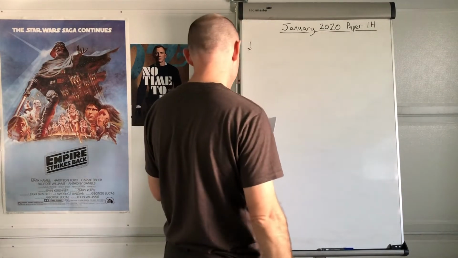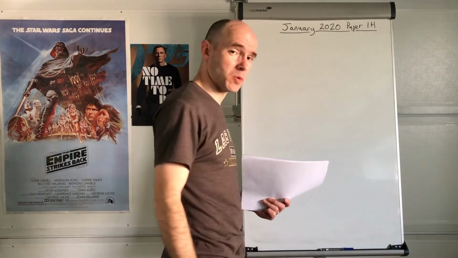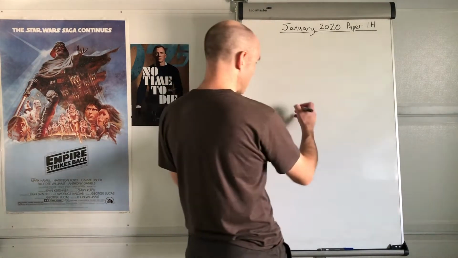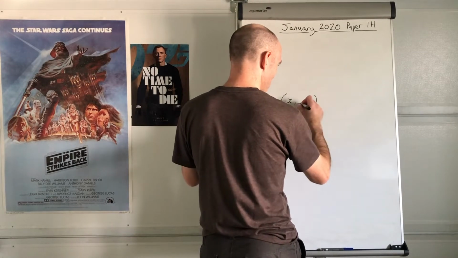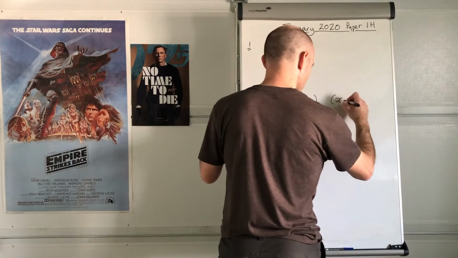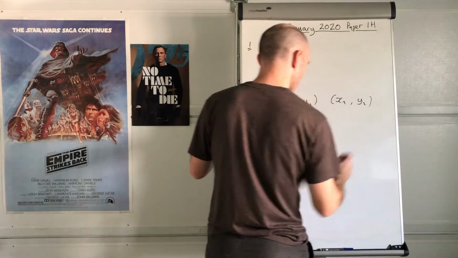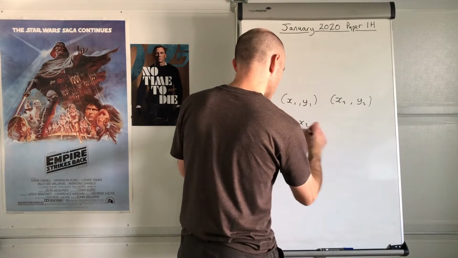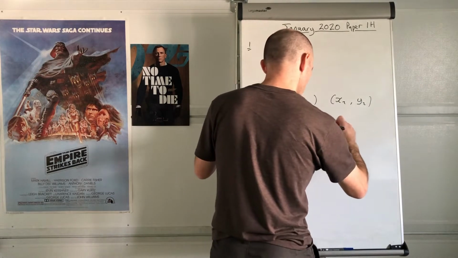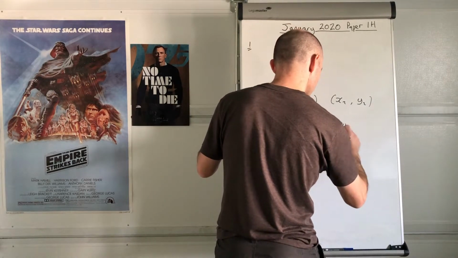Okay. So question 1, work out the midpoint of the coordinates. Okay. So, a reminder of midpoints. When you've got a pair of coordinates, x1, y1 and x2, y2, what you do is you add the x coordinates together and divide by 2, and you add the y coordinates together and divide by 2.